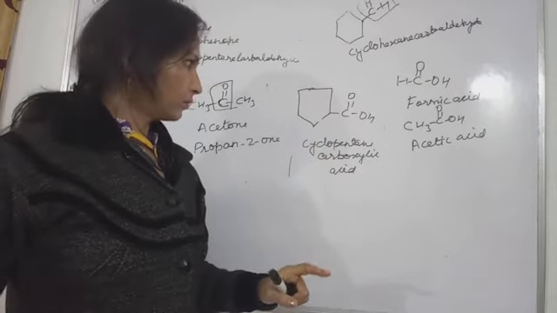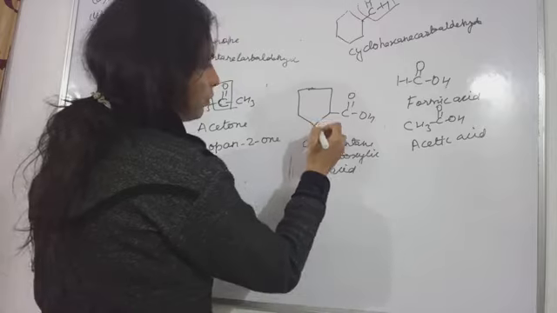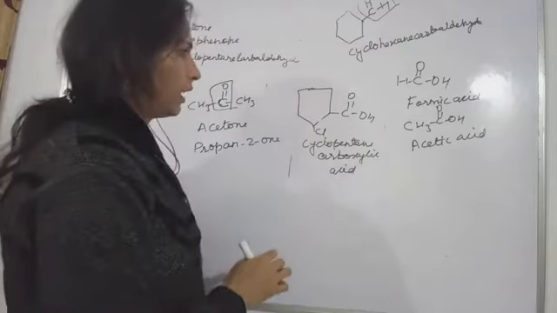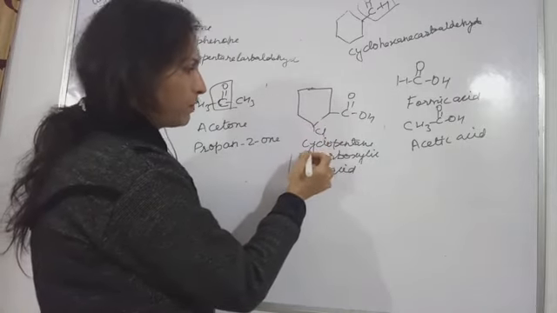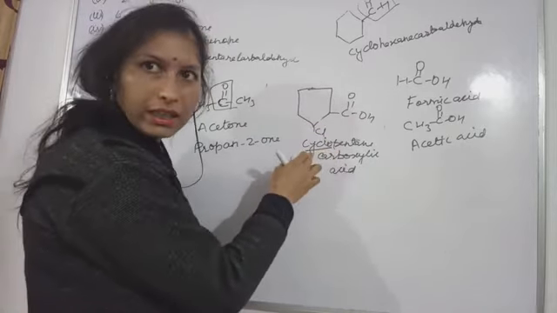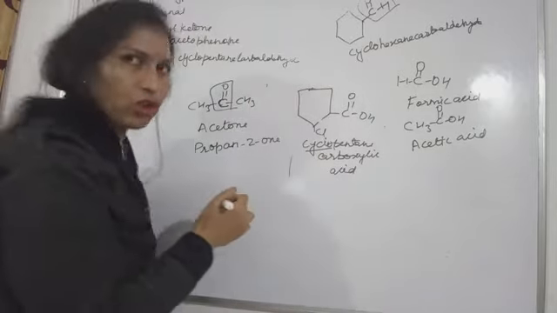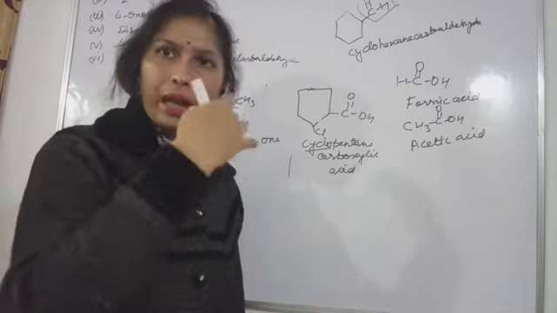Naming will be done like this: if chlorine is also attached to that compound, then what will the prefix be? See, the primary prefix is cyclo, for a cyclic structure. The IUPAC name consists first of the secondary prefix, then the primary prefix.